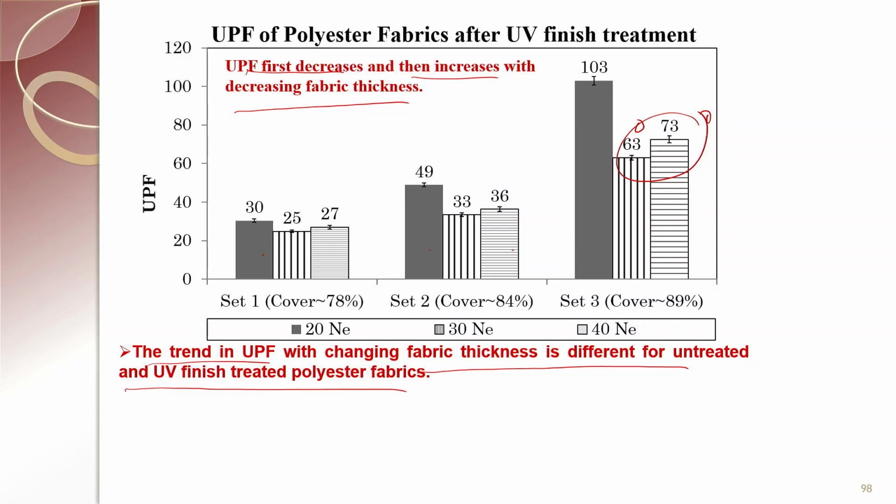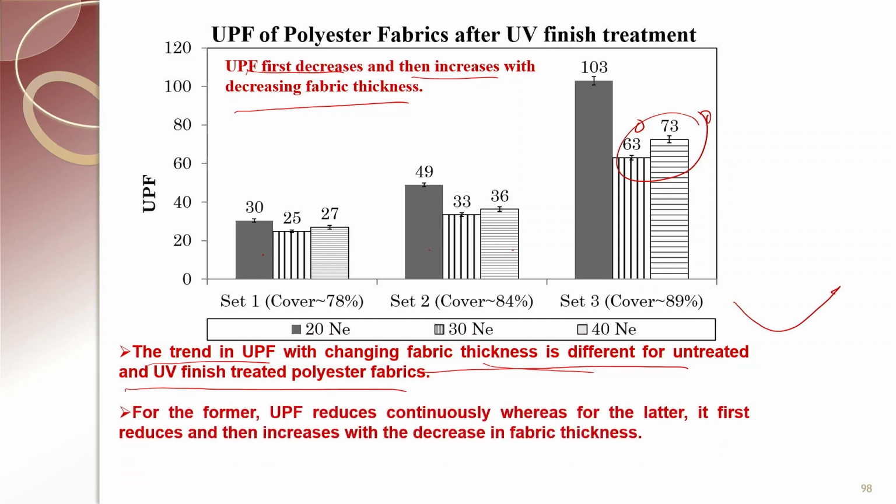For untreated fabric, UPF consistently reduces with the decrease in fabric thickness, but here it initially decreases then increases. So, in the case of the earlier untreated fabric, UPF reduces continuously, whereas for treated fabric it increases with the decrease in fabric thickness. That is the trend.